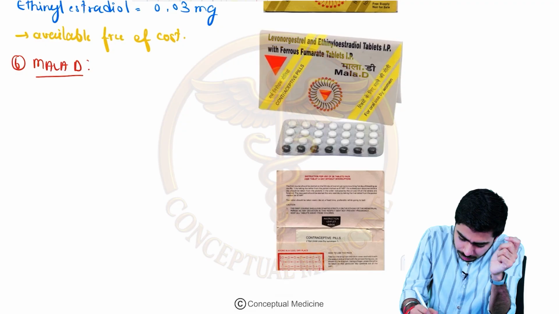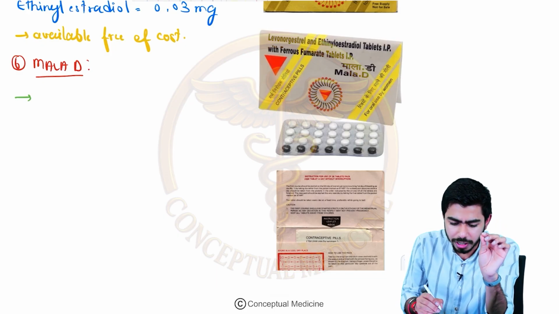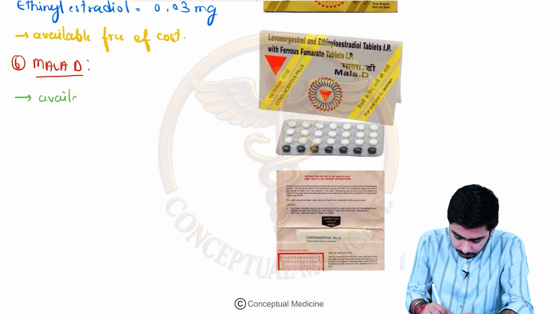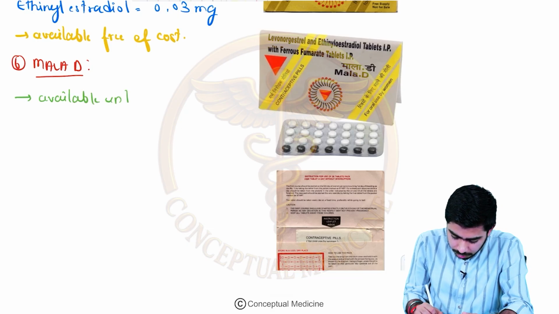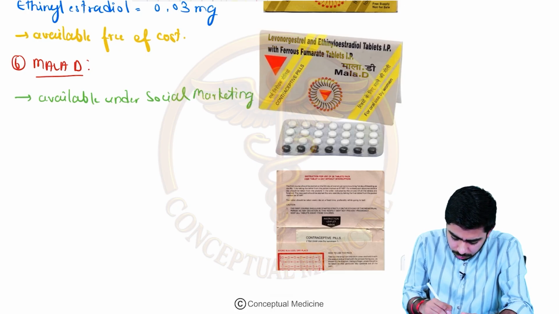One more thing which is very important over here, which I want to add: in the Mala D, I told you that it is available under social marketing scheme, right? Social marketing scheme means that the ASHA worker will be distributing it.